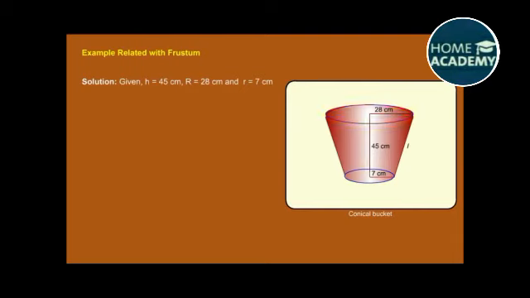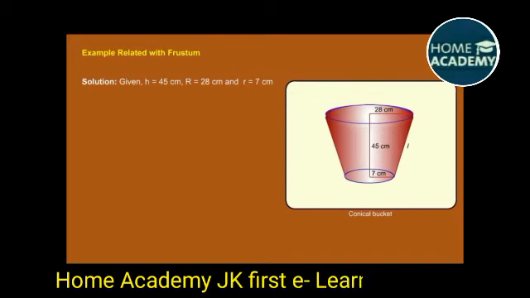Solution. Given H is equal to 45 cm, R is equal to 28 cm and r is equal to 7 cm.